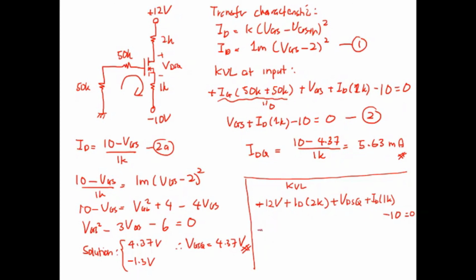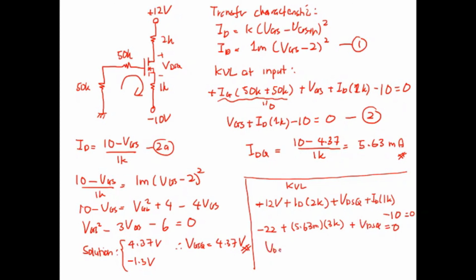You should get minus 22, and then plus ID, which is 5.63 milli, times 2K plus 1K, which is 3K, plus VDSQ equal to 0.